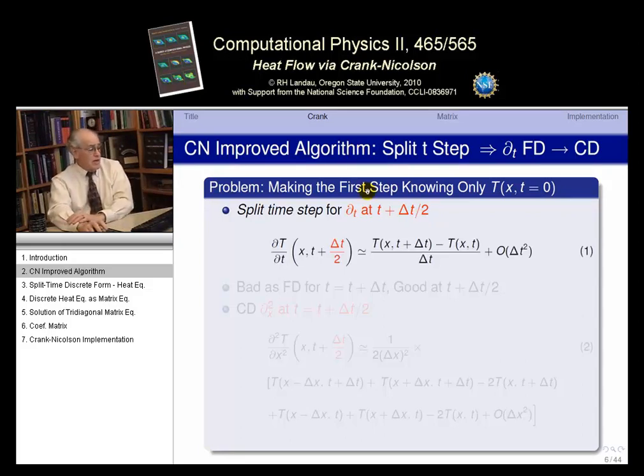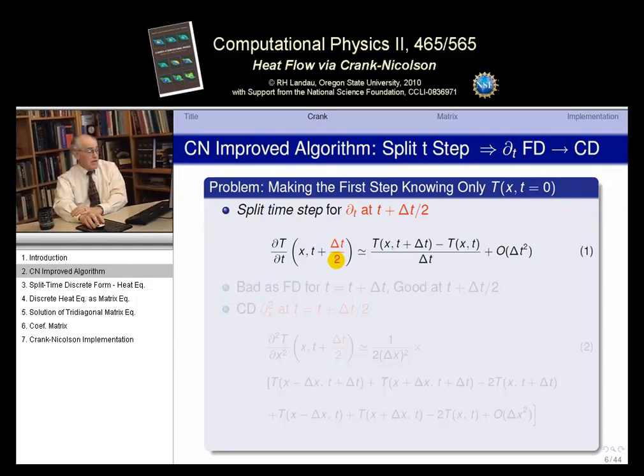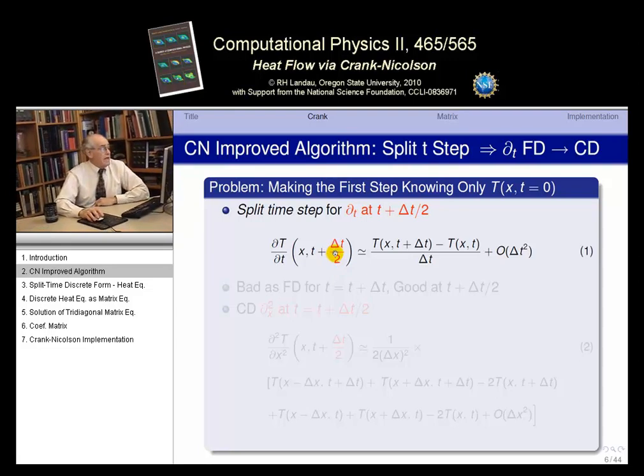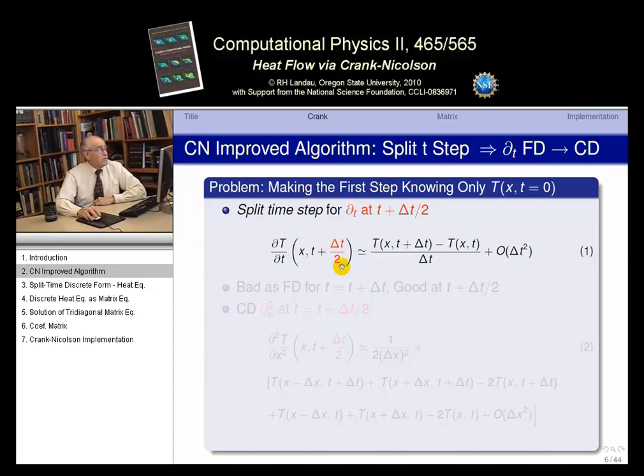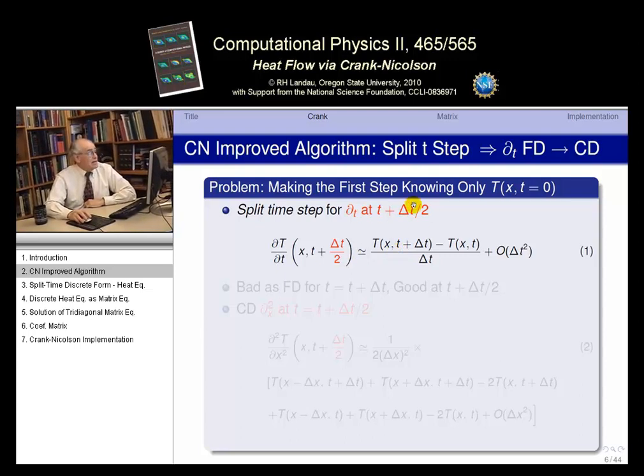So if we look here and say, okay, here we have the time derivative of the temperature at time t plus delta t over 2. What is that? Well, we can write that as a central difference method by saying, okay, let's take step delta t over 2. So we move ahead step delta t over 2. So if we add delta t over 2 to t, we get t plus delta t.